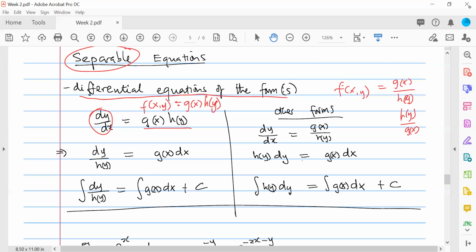It doesn't matter. We just want a quotient, as long as the denominator, whichever function appears there, is not identically equal to 0.